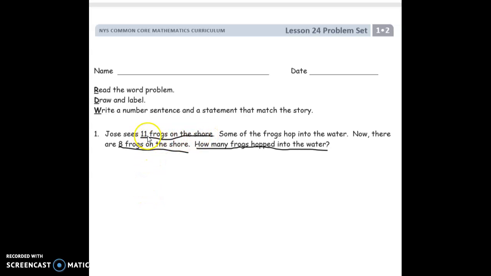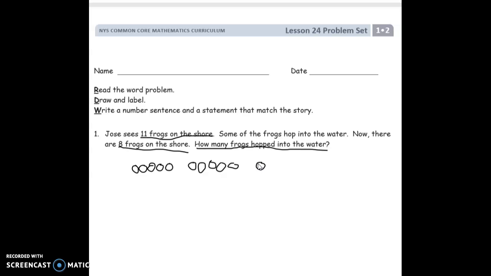It's our first piece of information that we underlined. 1, 2, 3, 4, 5, space. 6, 7, 8, 9, 10, space. 11. We put the spaces after each 5, so now we can easily count 5, 10, 11.